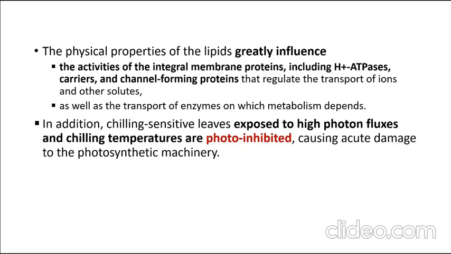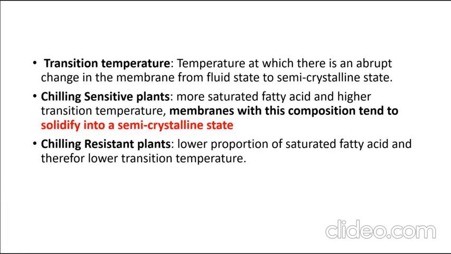Again, when the chilling sensitive leaves are exposed to high photon fluxes, the plants show photoinhibition. And once the plant shows photoinhibition, their photosynthetic machinery is damaged. We already studied this in light stress as well as water stress and high temperature stress.